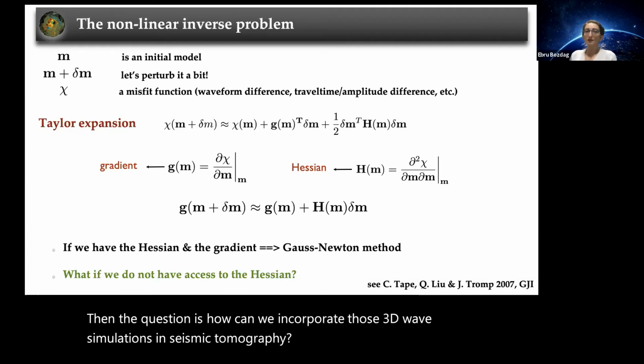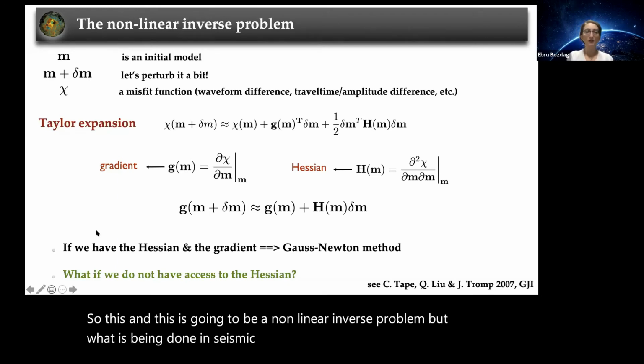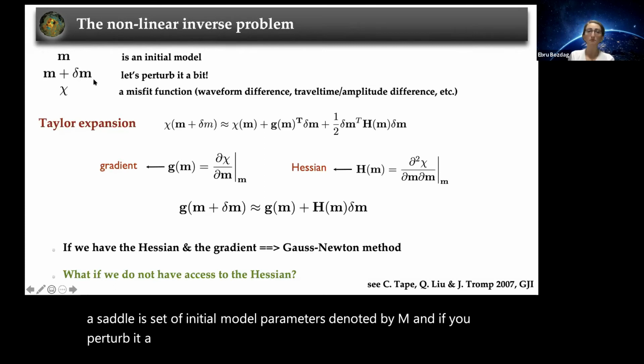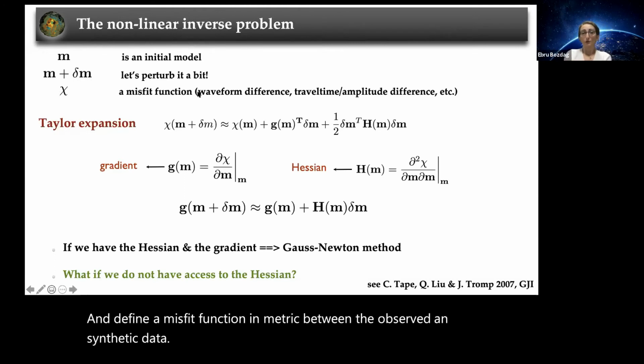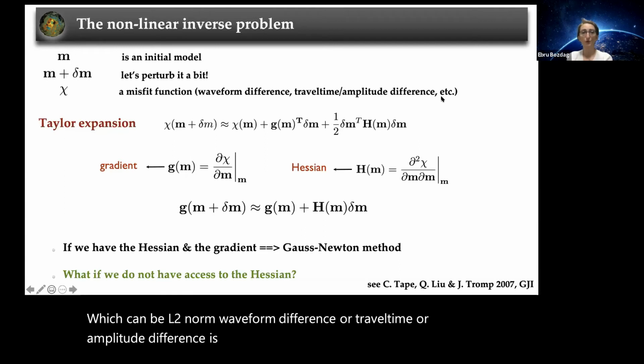This is going to be a nonlinear inverse problem, but what is being done in seismic imaging is that you assume you have a set of initial model parameters denoted by m, and you perturb it a bit by delta m, and define a misfit function, a metric between the observed and synthetic data, which can be the L2 norm waveform difference or travel time or amplitude differences. Any misfit function of your choice.